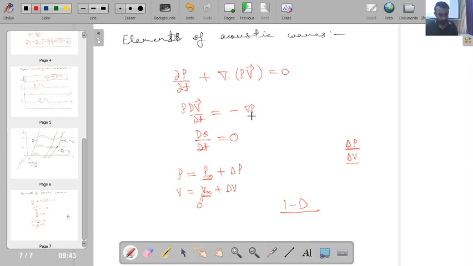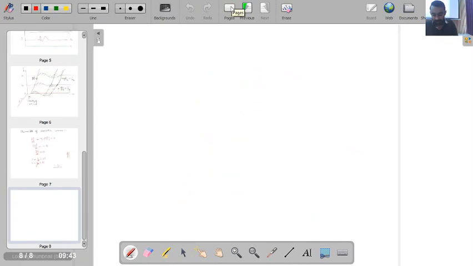In one-dimensional form, I will get the continuity equation as del rho by del t plus del rho Vx by del x, that is equal to 0.